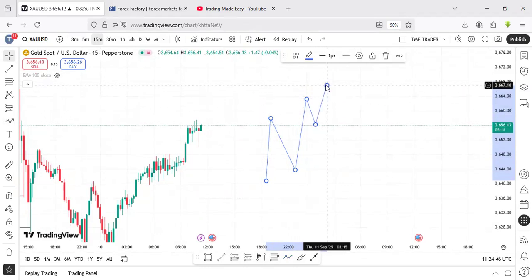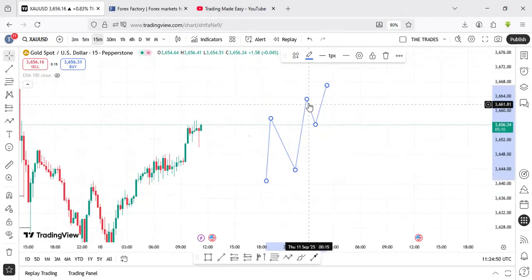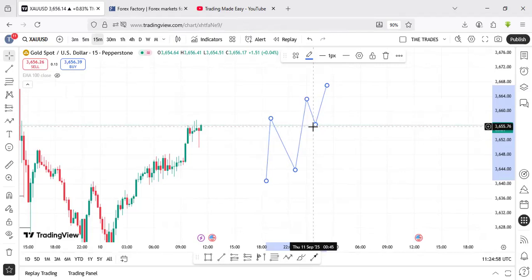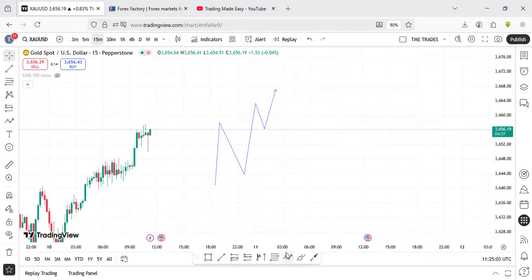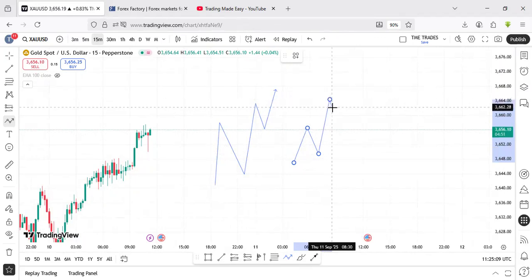Now have in mind that whenever the market goes like this, creates this and goes out without sweeping any liquidity. What is sweeping liquidity? This is different from something of this nature. This is different from this.